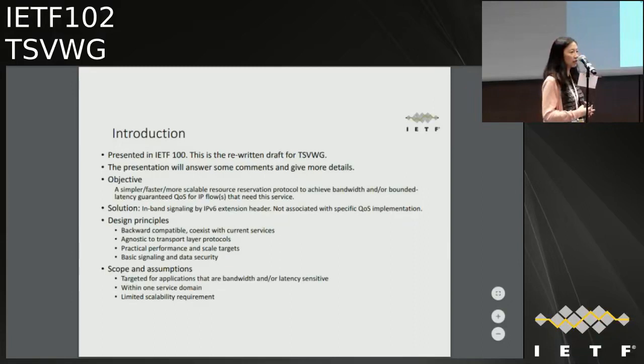The service we are providing here is meant to be used by applications that have high bandwidth, low latency requirements. It's not meant to be used by all packets, all flows. And right now we are targeting only one service domain.